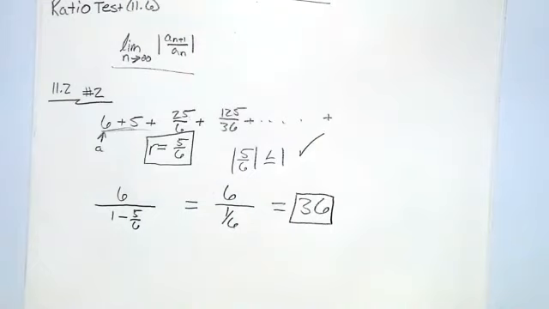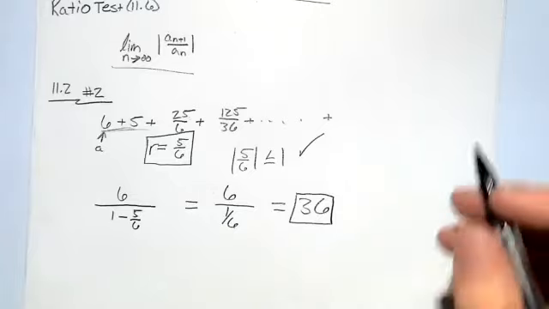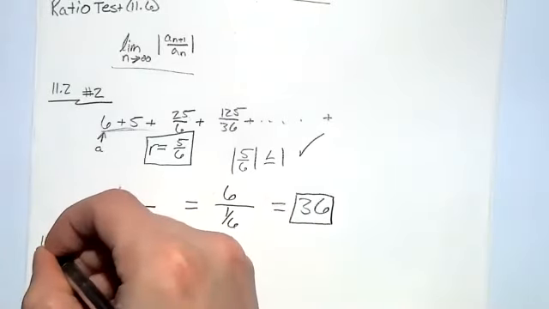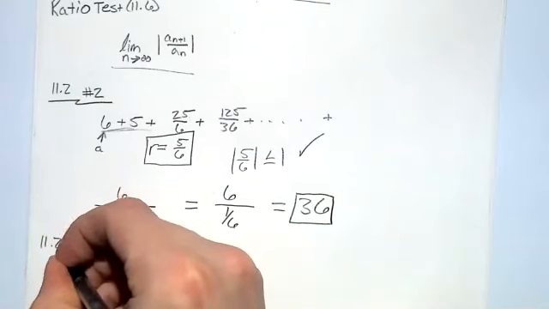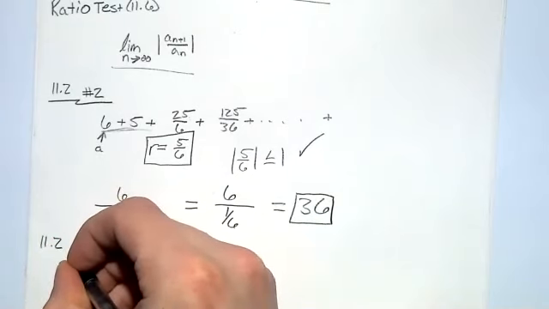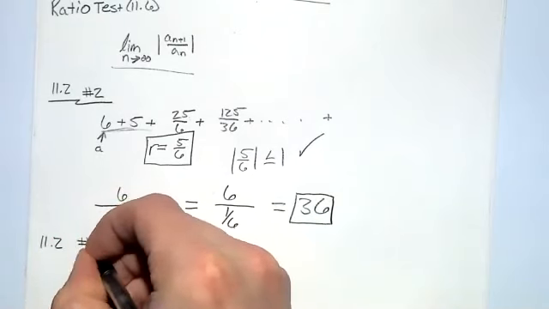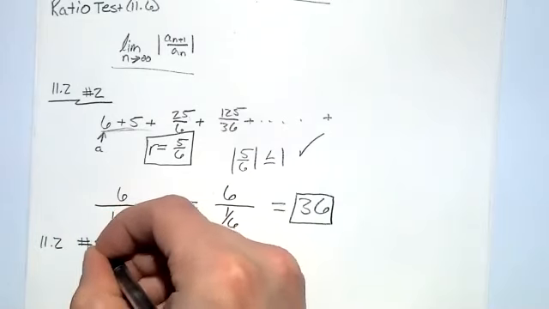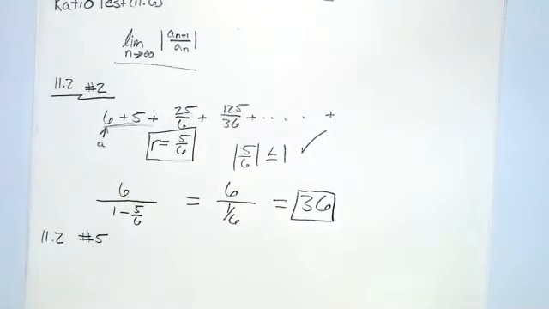Up next, we're going to take a look at another series from 11.2. Another question, we're going to be looking at number 5, I'm sorry, not number 6. Again, it's determine whether the geometric series is convergent or divergent.